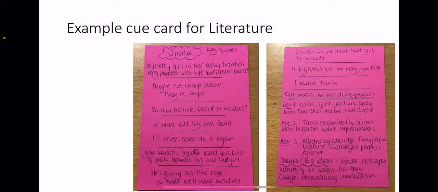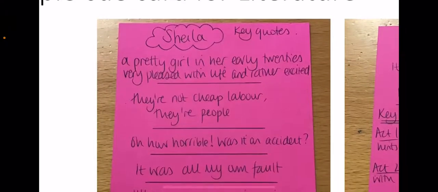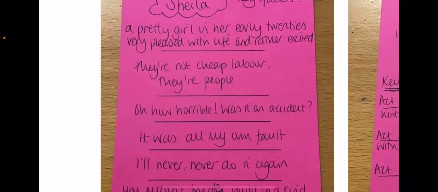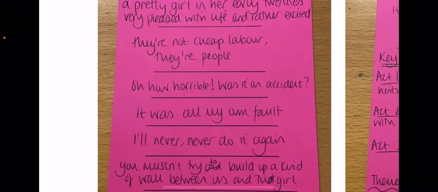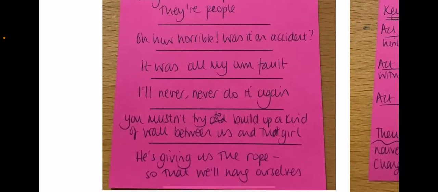Example flashcards for literature might be in the shape of a character flashcard. So I've started with Sheila, and I've gone for key quotations first. I've put them in chronological order across the play, so I know what she's saying or how she's being described or what her attitudes are or her behaviour all the way through the play.